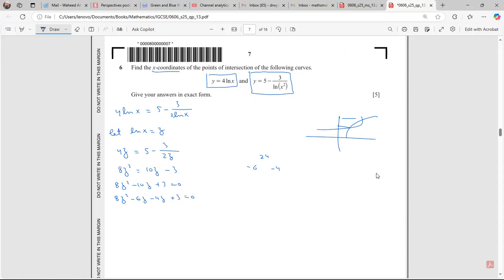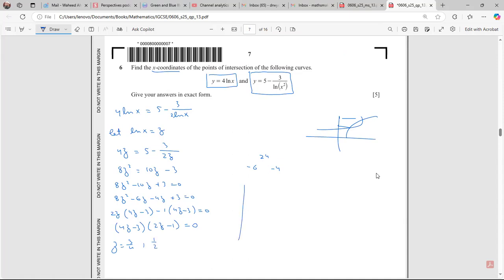If I take 2z common, it's going to be 2z times (4z minus 3) minus 1 times (4z minus 3). So I have two factors, 4z minus 3 and 2z minus 1 equal to 0. So you can see that z equals 3 by 4 or 1 over 2, right?